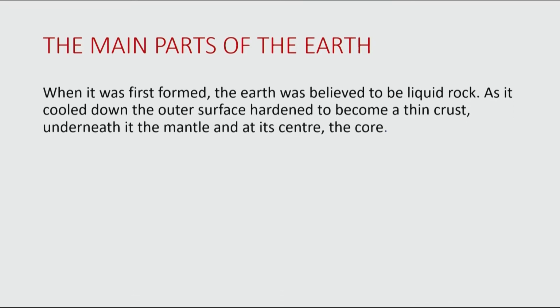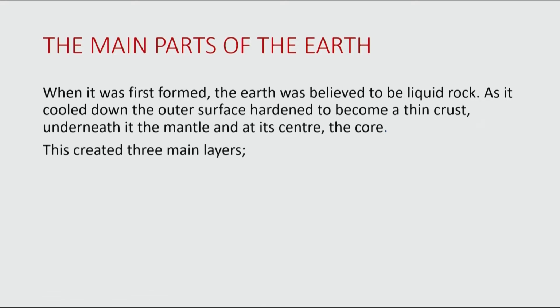The earth that we live on was formed some years ago, and it is believed that it was liquid rock. Then as time went on, it started to cool, and after it cooled down, its surface became hard and became the thin crust that we are living on. Under the crust, that's where we have the mantle, and at the center, we have the core.